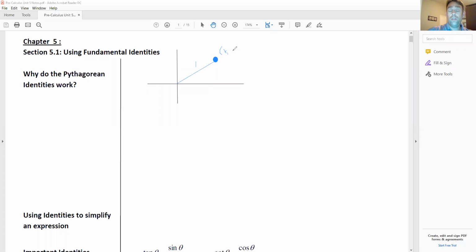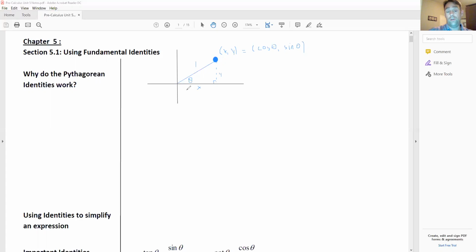Every point on that unit circle is some x and y. We said x is the same thing as cosine, and y is the same thing as sine on the unit circle. If we drop a perpendicular line down to the x-axis, we'd have our theta here, and we'd say that this is x and this is y.